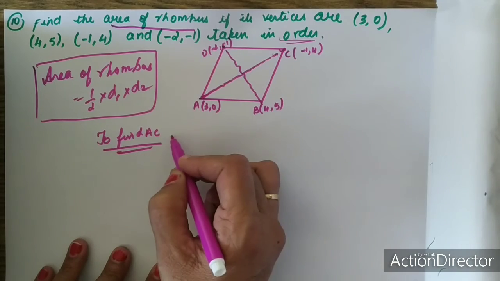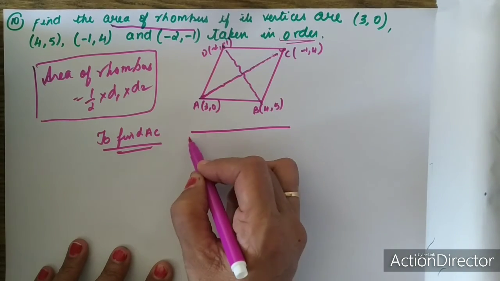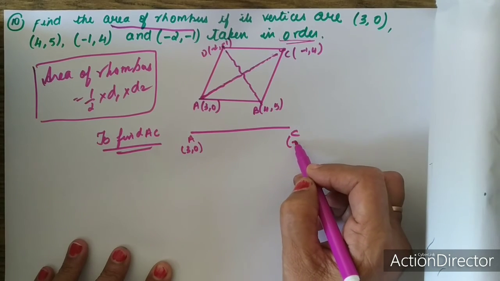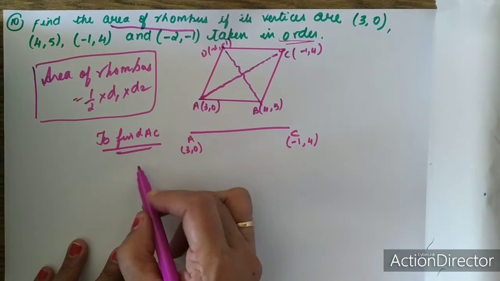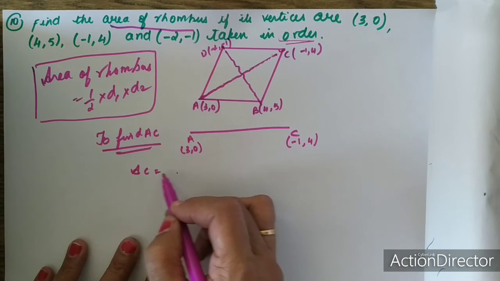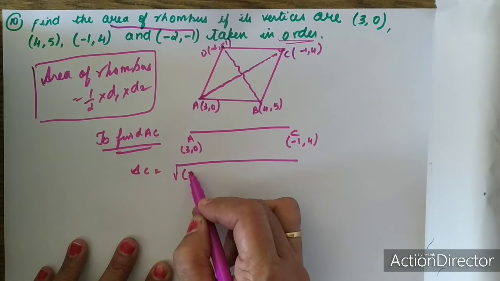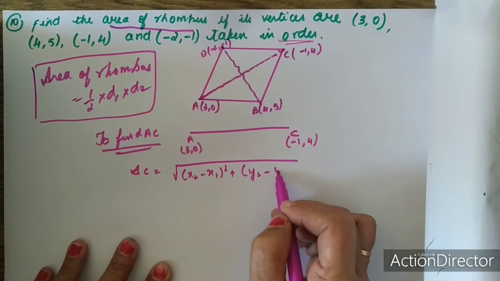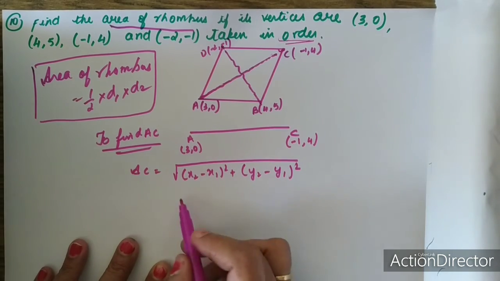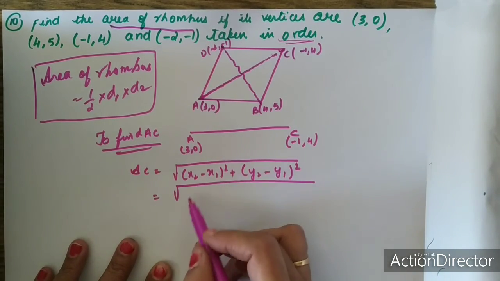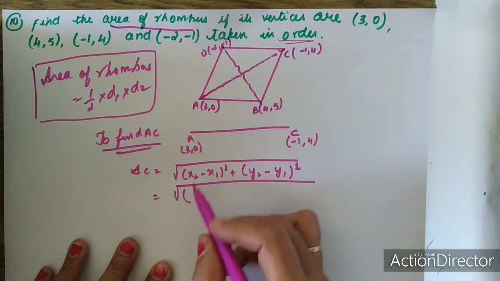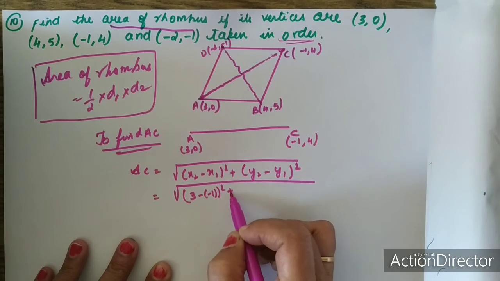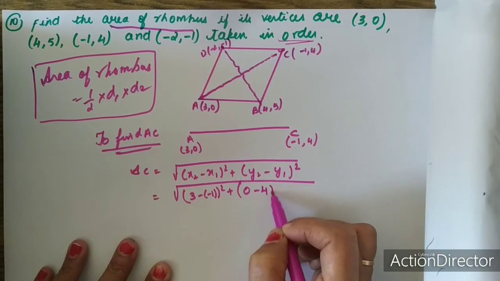So how will you find AC? Draw the figure AC over here. A is (3, 0) and C is (-1, 4). So let us find the distance. AC is equal to under root of (x2 minus x1) whole square plus (y2 minus y1) whole square. So this is equal to under root of (3 minus of minus 1) whole square and (0 minus 4) whole square.